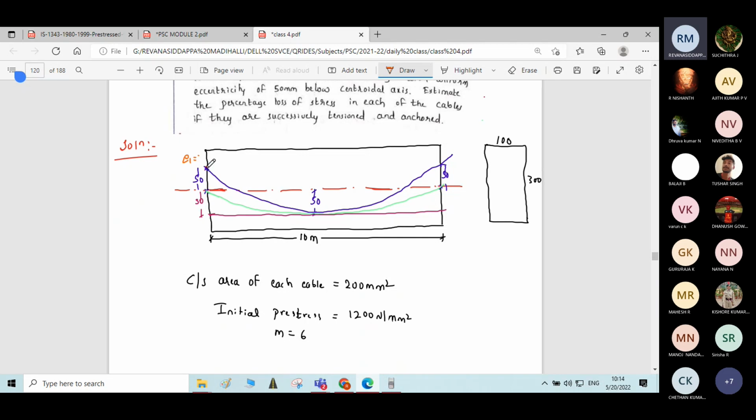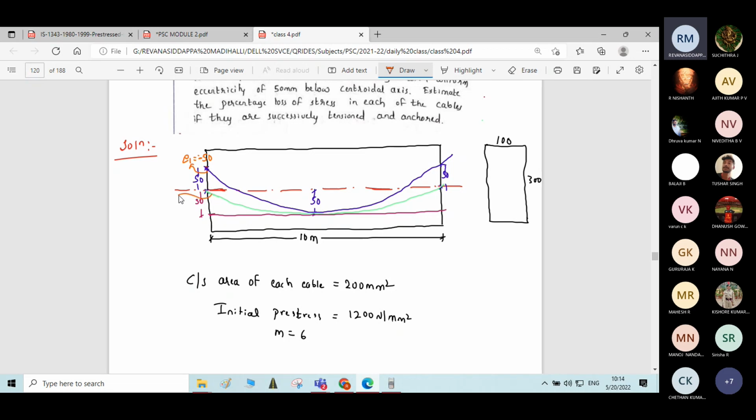So cable 1 has eccentricity above the neutral axis at the support, so it is minus 50.